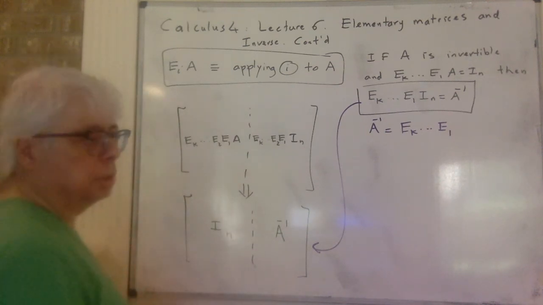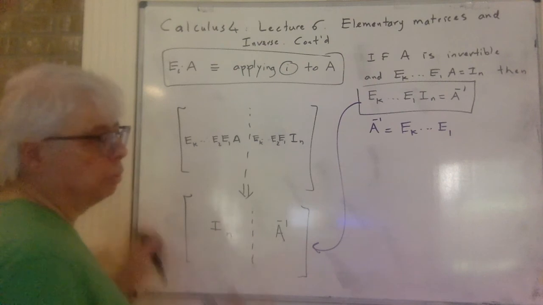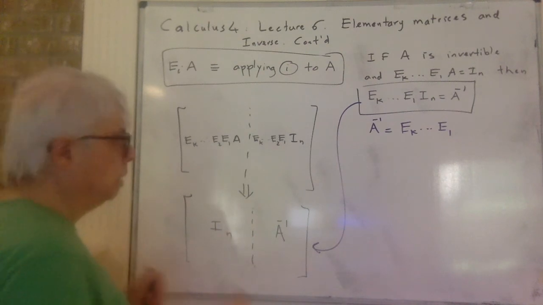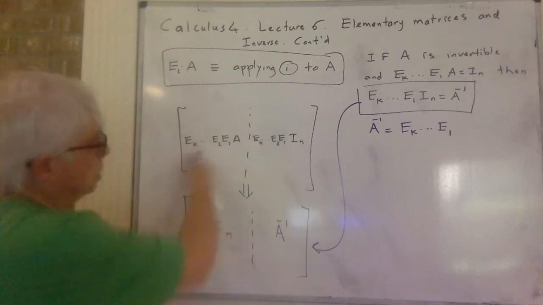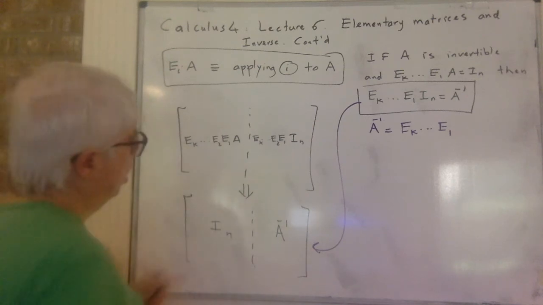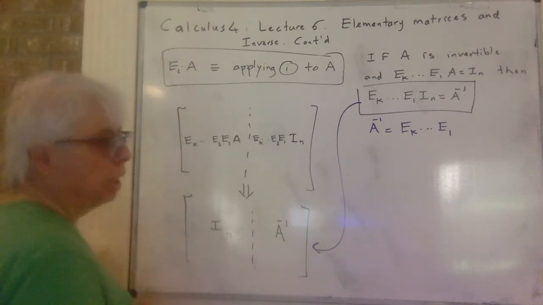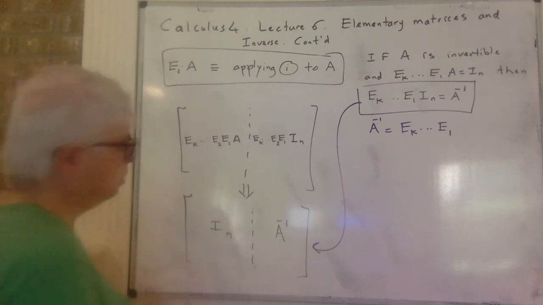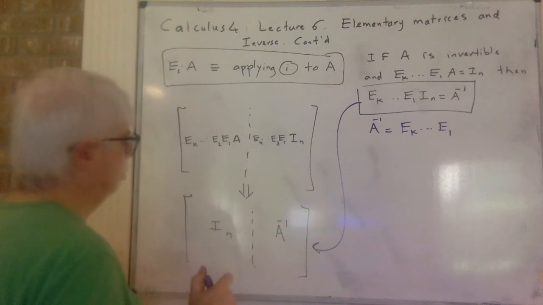Okay, so that's the algorithm. Write them side by side and apply the row operations that turn this side into IN, and what you have on the right side is A inverse. Yeah, apply all the operations to IN.